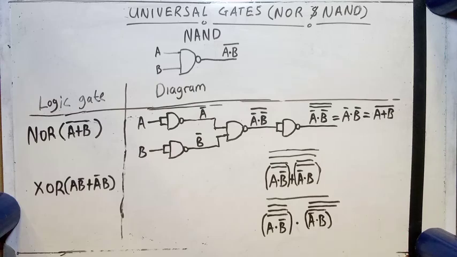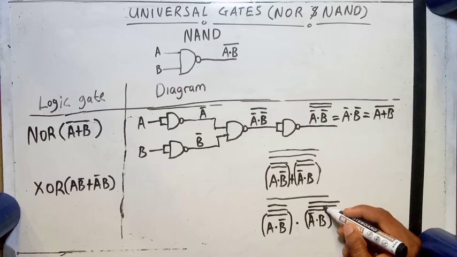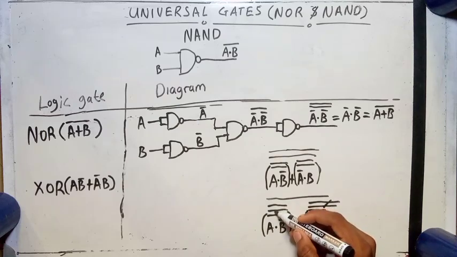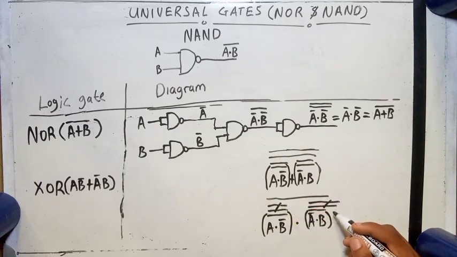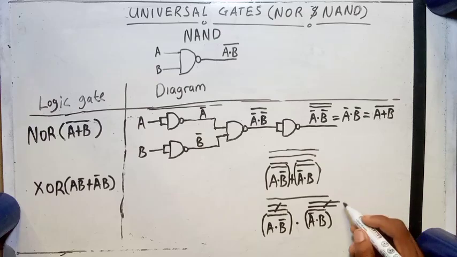Right now, from here, these two can cancel out. These two can cancel out, and we would still be having what?